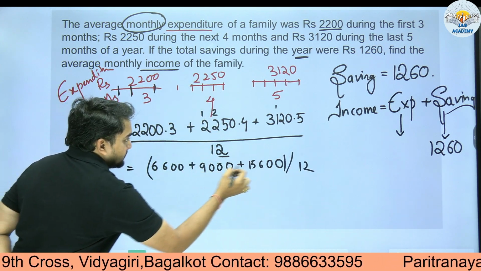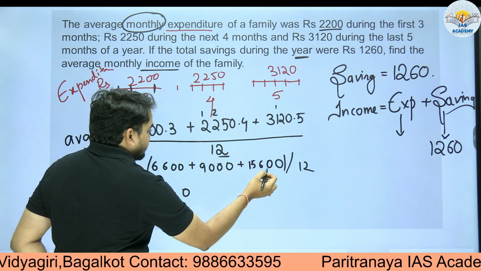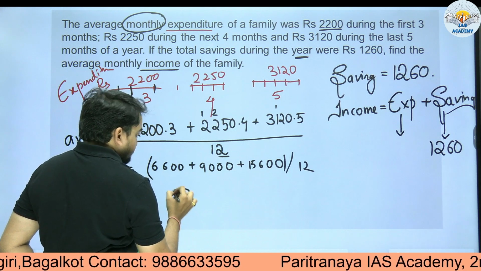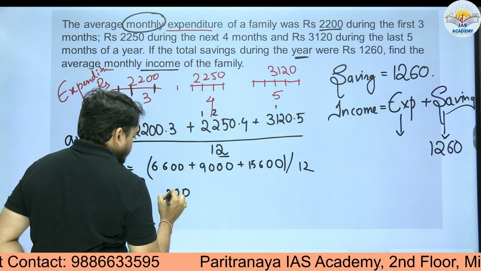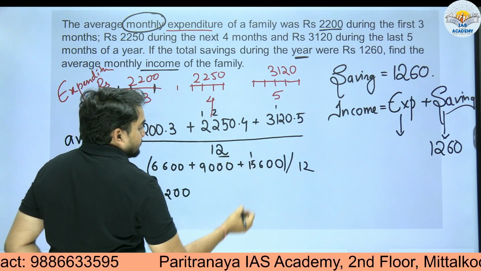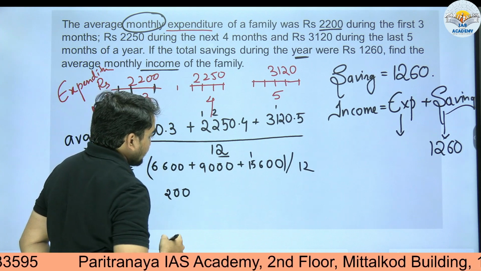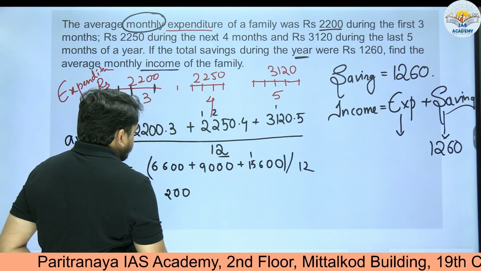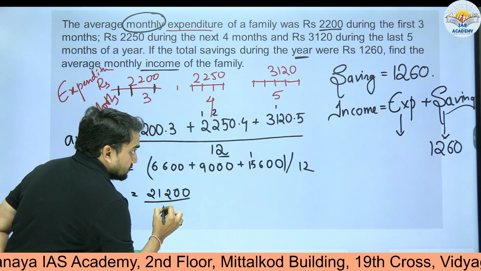So sum of these how much? 0, 0, 0, 0. Second 0, second 0. Third is 6, third is 0, 12. Fourth is 6, fourth is 9, that is 15. Fourth is 6, 21. 21 whole divided by 12.